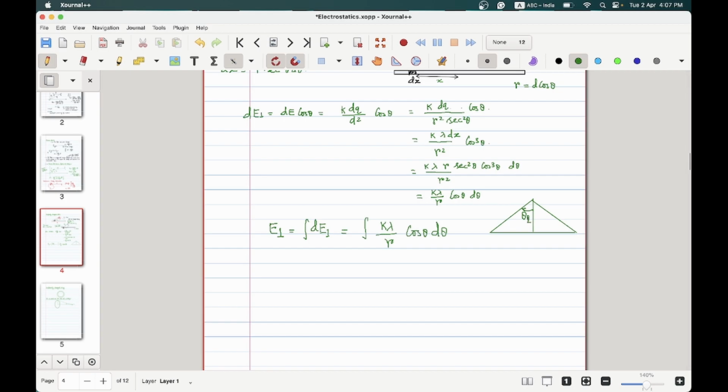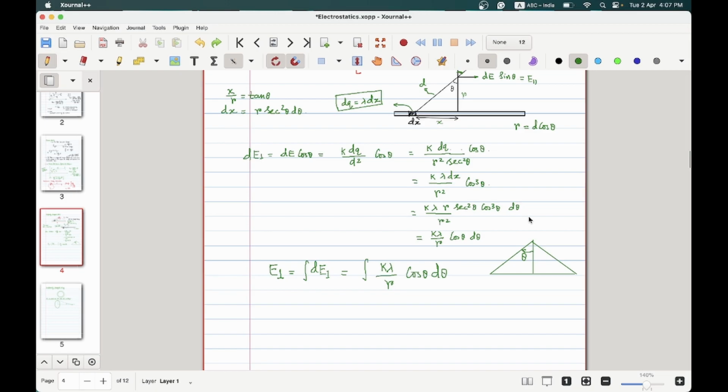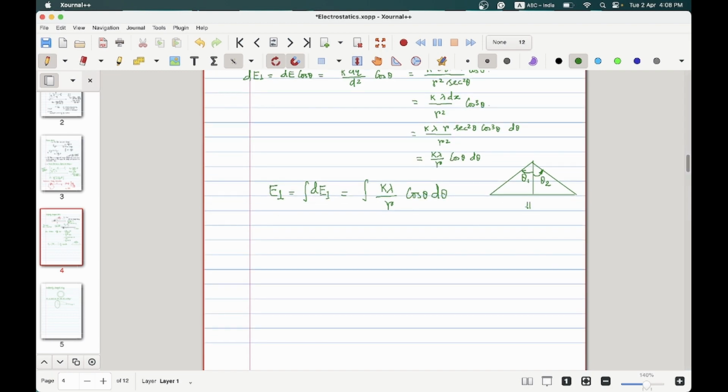Let us say this one is theta 1 and this is theta 2.